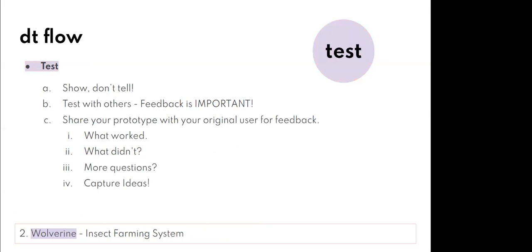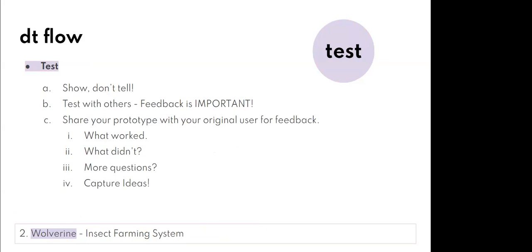And I think this is the last phase, and then I'll open up for questions or any responses. But then we have the testing phase. And the testing phase is essentially showing and not just telling. You're wanting to test with others, and this can be within your own group or even with your constituencies or with people you think might use the app.